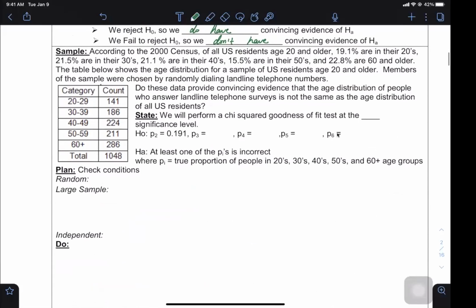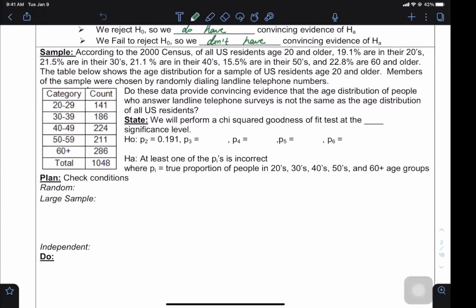Okay, so let's move on. Let's look at this example here. So now we want to see if the age distribution of people who answer the telephone surveys is not the same as the age distribution of all US residents.